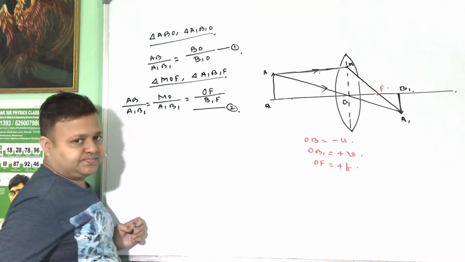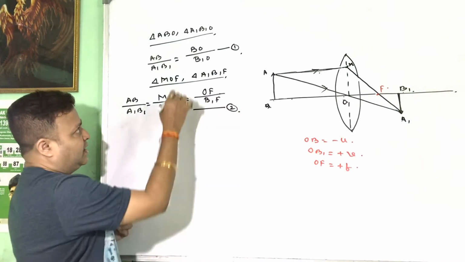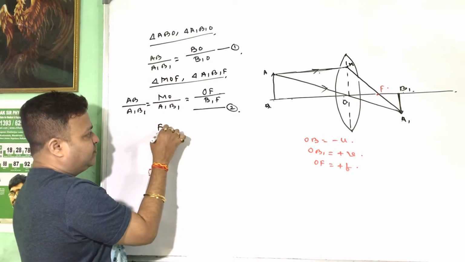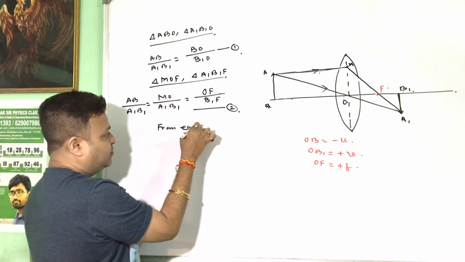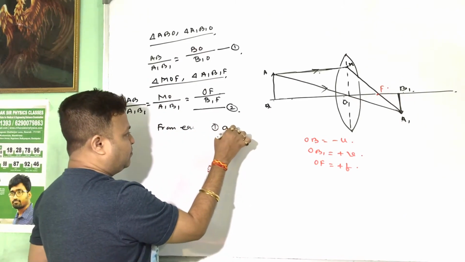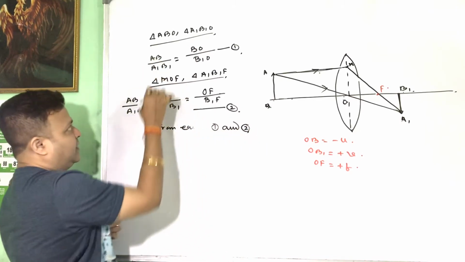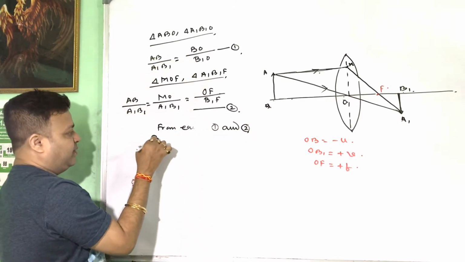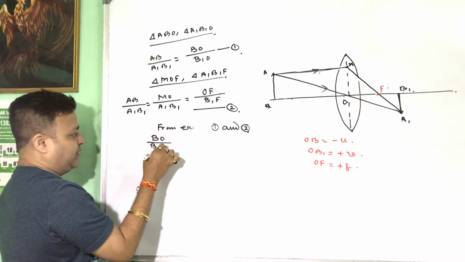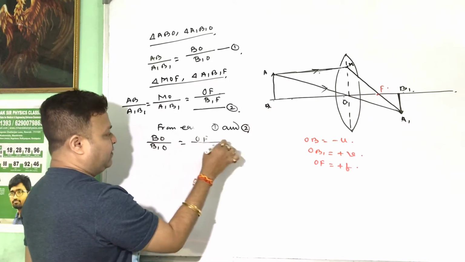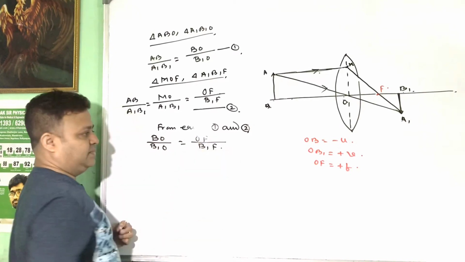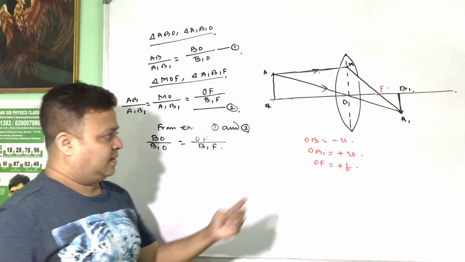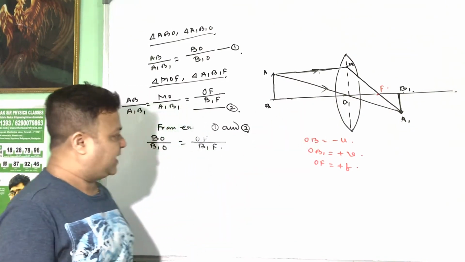Number 2. তাহলে from equation 1 and 2, তাহলে আমরা এখানে লিখতে পারি দেখ BO by B1O equal to OF by B1F. What is BO? That is minus u.